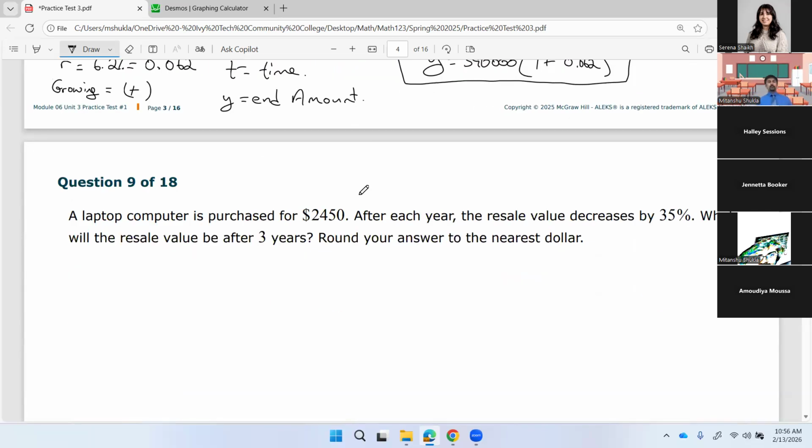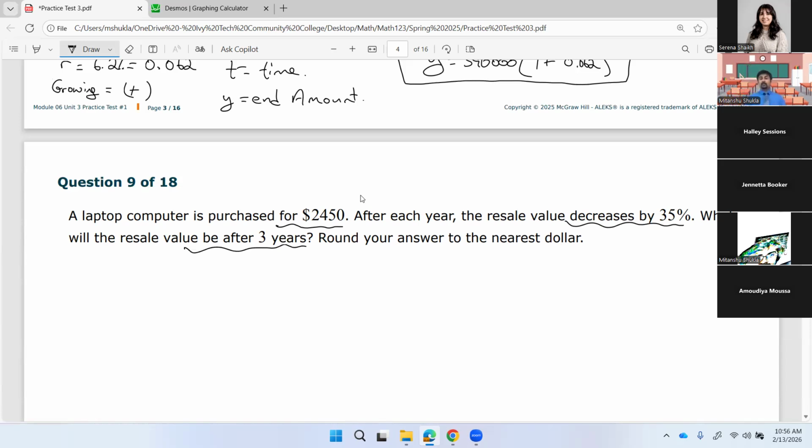Okay. Number 9. A laptop computer is purchased for $2,450. After each year, the resale value decreases by 35%. Okay, so I have a decrease by a percentage rate. They gave me some beginning amount, and they want to know what is the resale value after 3 years, right?